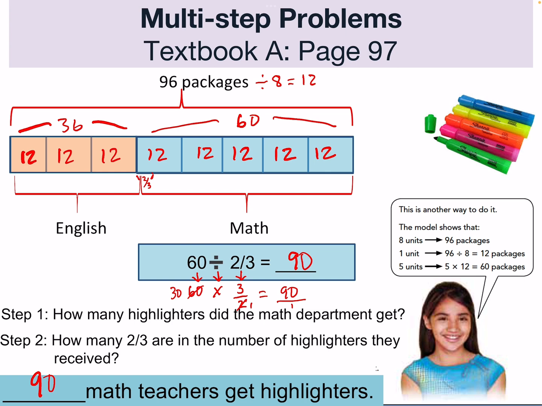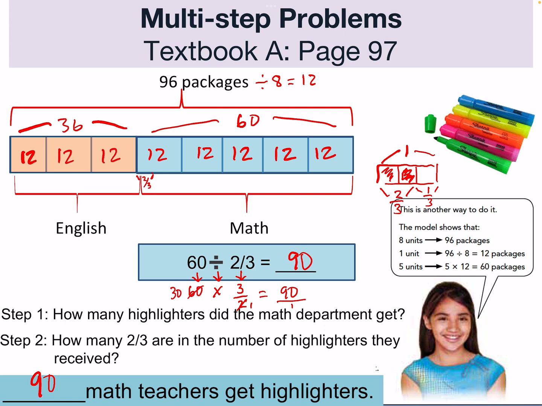So there is another way to think about this for yourself. If you think about one package, right? And we asked ourselves how many 2/3 are in one. Okay? Here is 2/3. And here is 1/3.